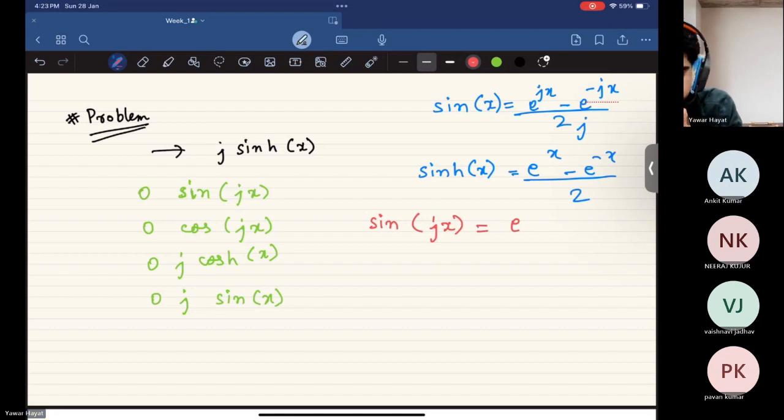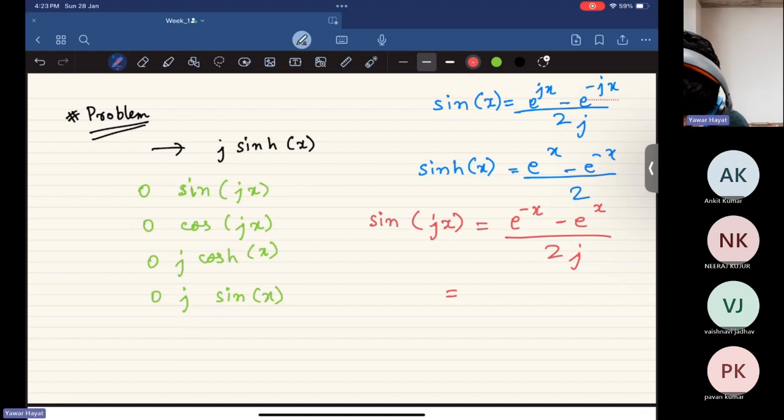Minus 1. So can I write it as e power minus x? So I can write e power minus x minus e power x, whole divided by 2j.